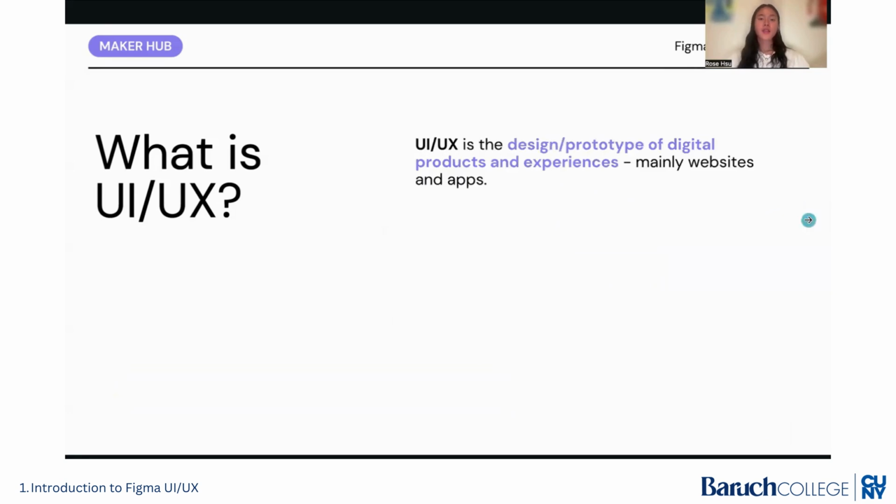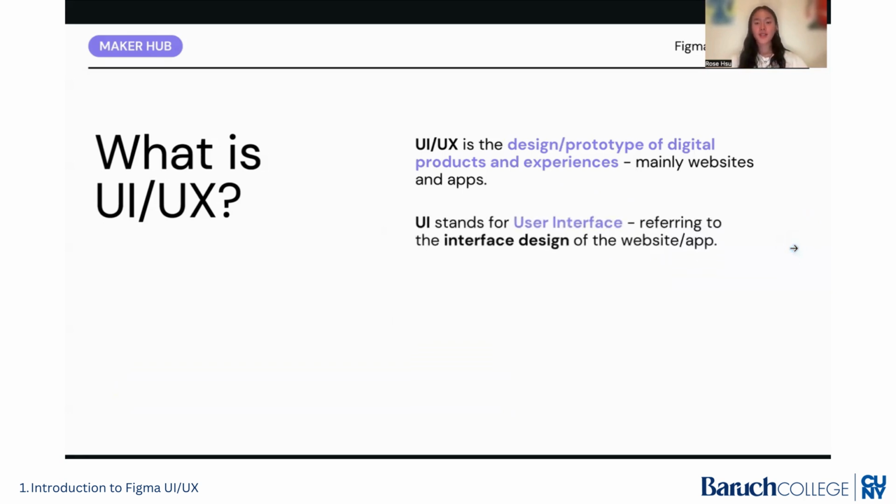So UI UX is the design and prototype of digital products and experiences. So when we think about UI UX, we're actually talking about the design of a mobile app or a web app or a website. So UI stands for user interface, and the interface design of an app refers to the visual layout, format, and visual design of what your app or website looks like.